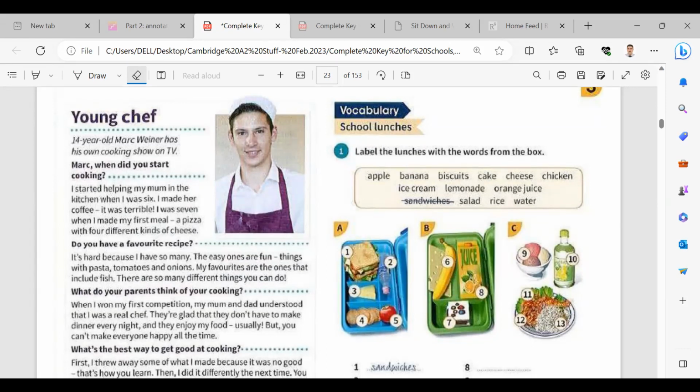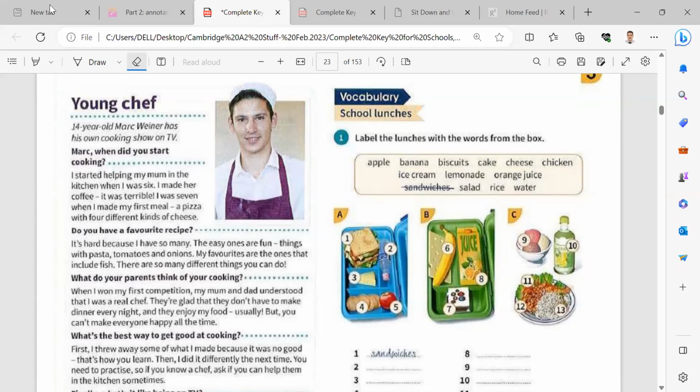Sandwich, cheese with vegetables and egg, with fruits like banana and apple, with juice. Yes, we have 3 lunch boxes, as you see, A, B, and C.